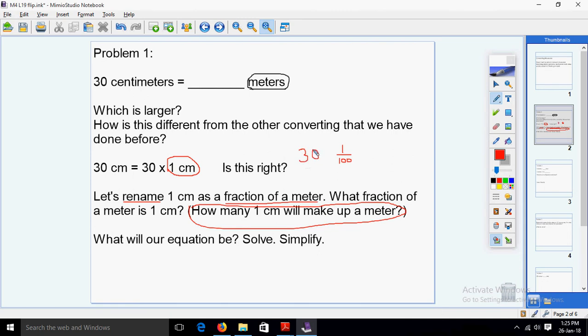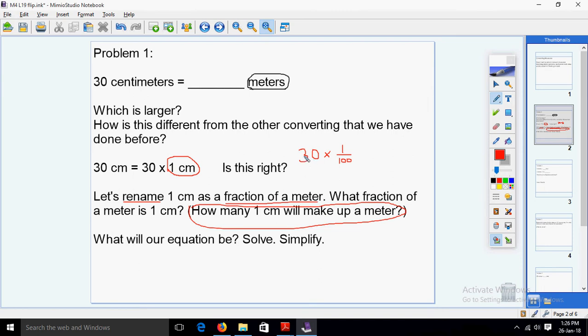So all we did was rename. We didn't really mess things up. We just said, instead of saying 1 centimeter, we're going to look at it as a fraction, 1 out of however many is in a meter. And there are 100. So our equation is 30 times 1 over 100. Now we just multiply. Remember, this is our whole number.